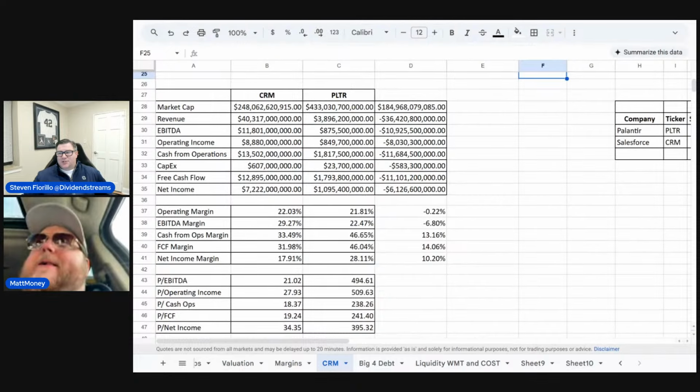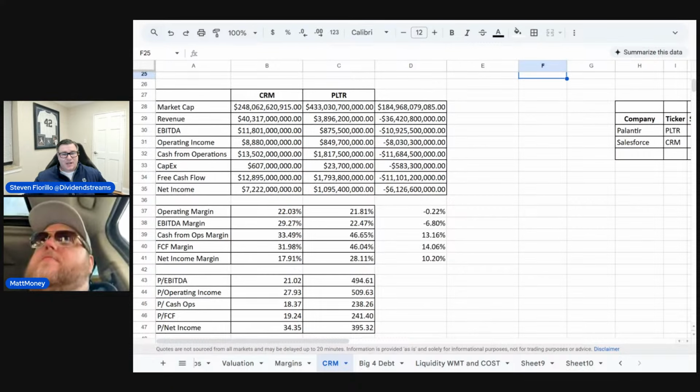Salesforce does 36 billion more in revenue, 11 billion more in EBITDA, 11.5 billion more in cash from ops, 11 billion more in free cash flow, and 6 billion more in net income. There's no world where Palantir should have a bigger market cap than Salesforce. There just isn't.